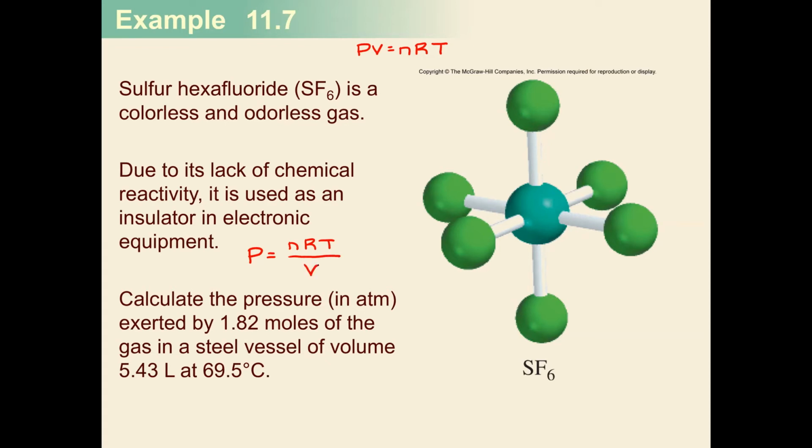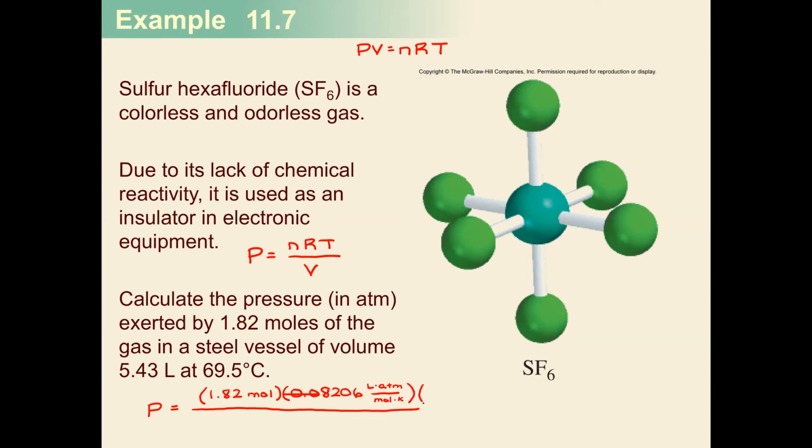So in this case, I have pressure being equal to my number of moles, so that is going to be 1.82 moles. I need my R, so that is 0.08206 liter atmosphere per mole Kelvin.